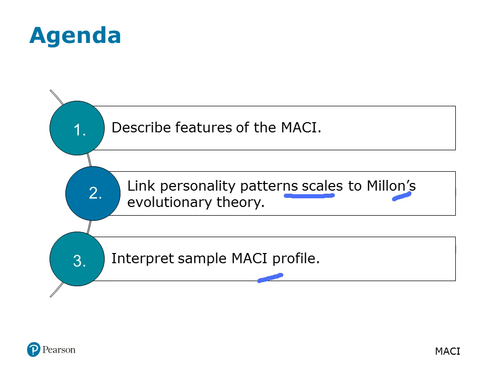And then finally, toward the end, I want to apply some of the concepts that we described when we were looking at the features and when we talked about the personality patterns. I want to use those concepts to interpret a sample MACI profile.